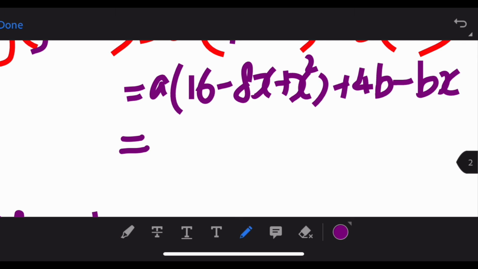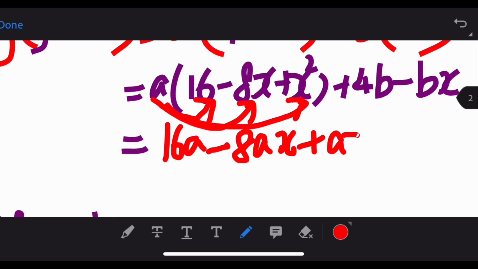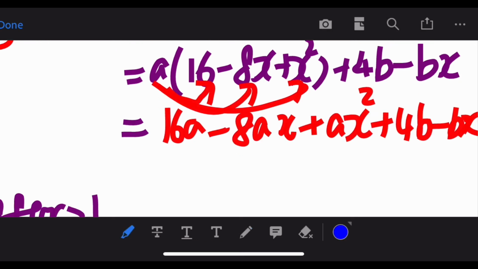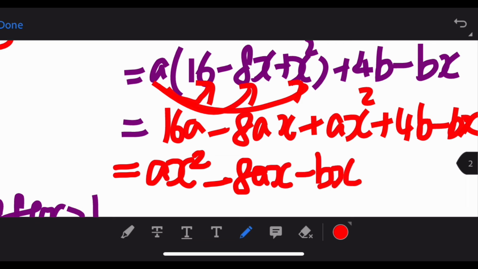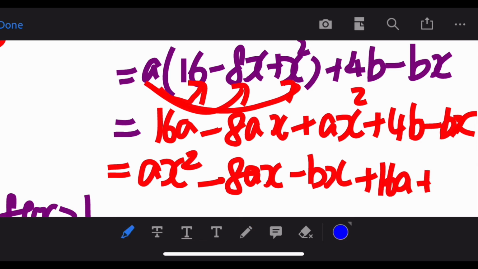I'm going to rearrange in order so that I can see: 16a minus 8ax, plus ax squared, plus 4b minus bx. So in order, it is ax squared minus 8ax minus bx, and then plus 16a plus 4b.